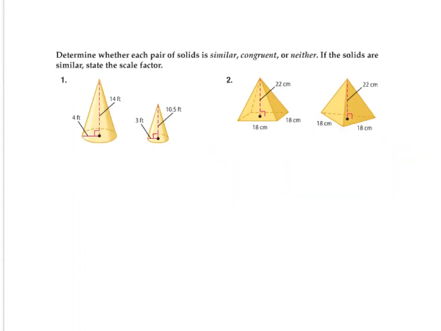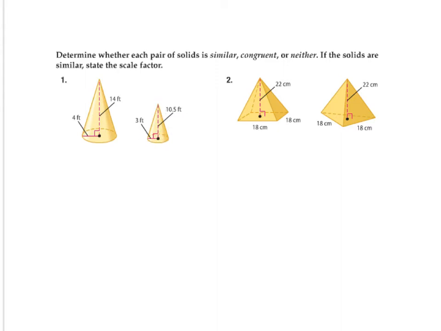Determine whether each pair of solids is similar, congruent, or neither. If the solids are similar, state the scale factor. So let's look at the two cones. This cone has a height of 14 and a radius of 4. This cone has a height of 10.5 and a radius of 3.